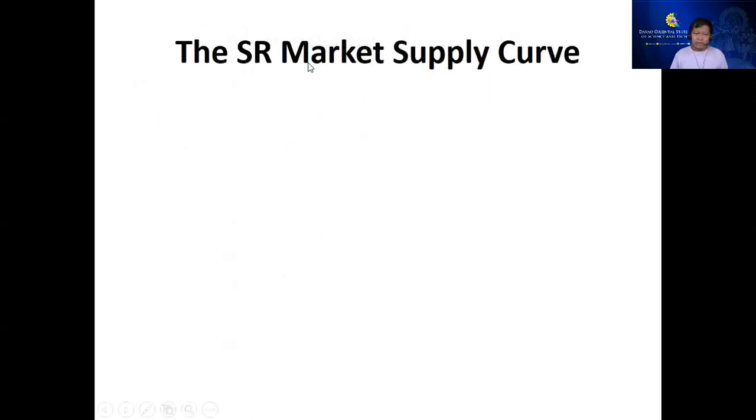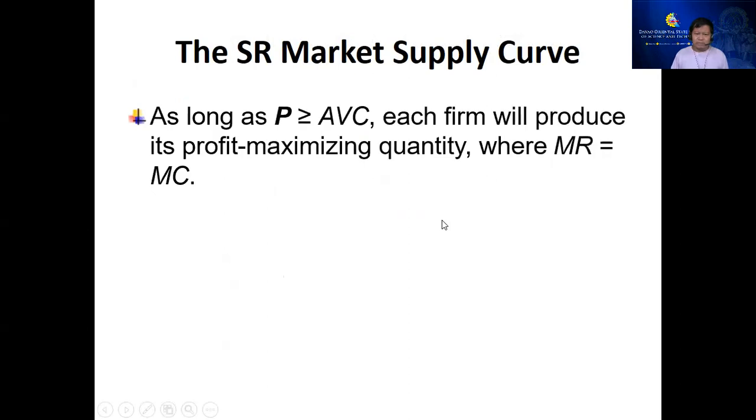Okay, the short run market supply curve. As long as the price is greater than or equal to AVC, we have to continue our production because ginansyado pa ta didto sa ato nga portion, no? Kung ang presyo taas sa average variable cost, the firm will produce its profit maximizing quantity where MR equals MC. So the profit maximizing quantity diha gyud sa marginal revenue equals marginal cost.